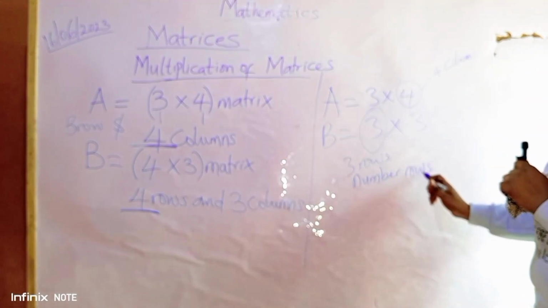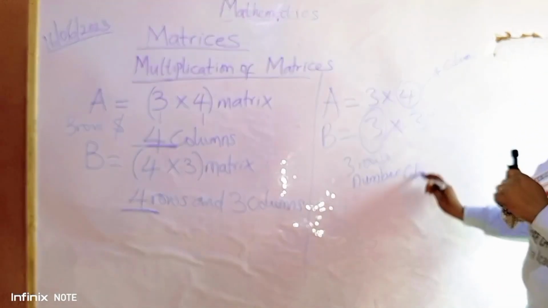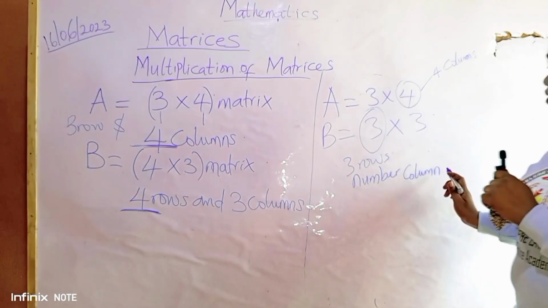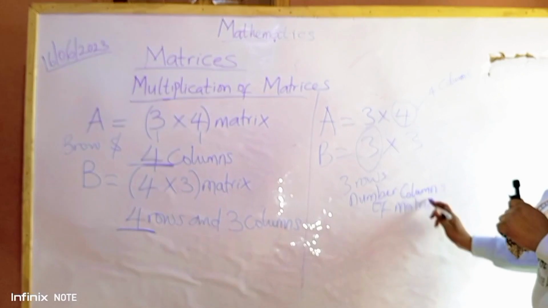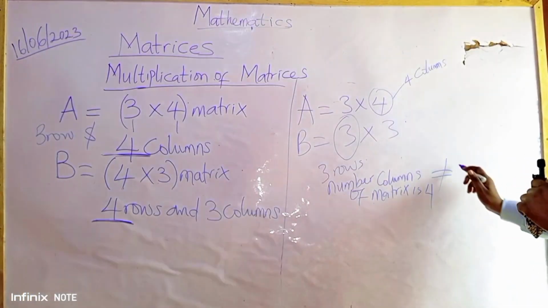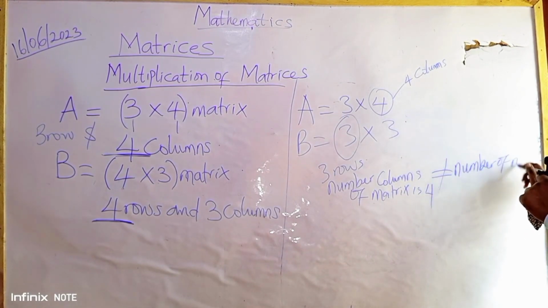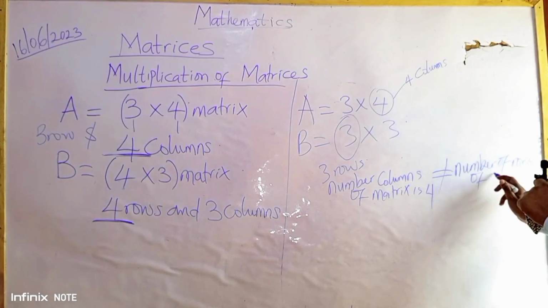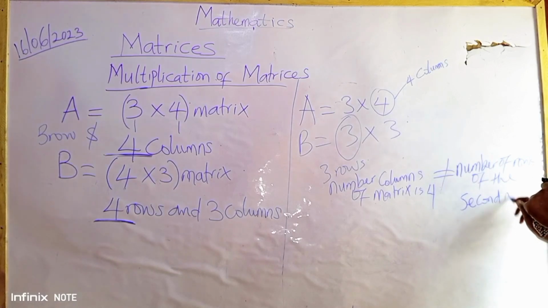Number of columns of the first matrix is 4, and it's not the same thing as the number of rows of the second matrix, which is 3.